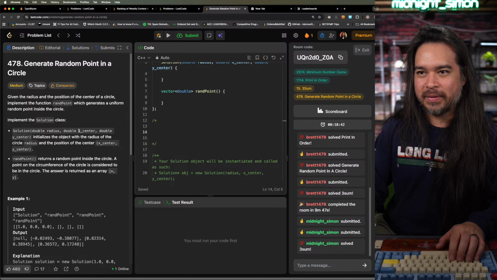But anyway, they give us the center, x and y, and the radius. And now we have to give a random point inside the circle.